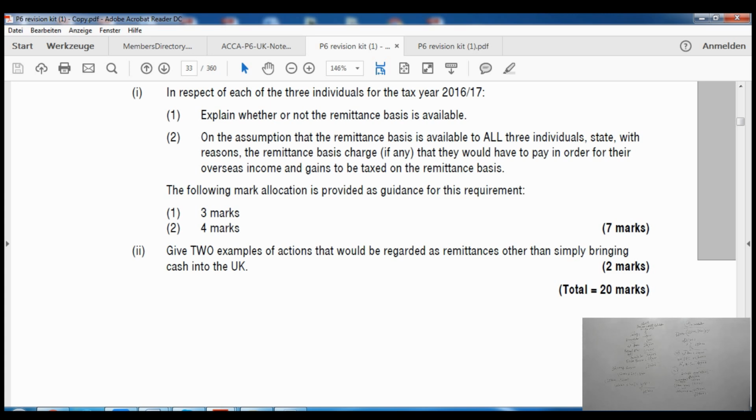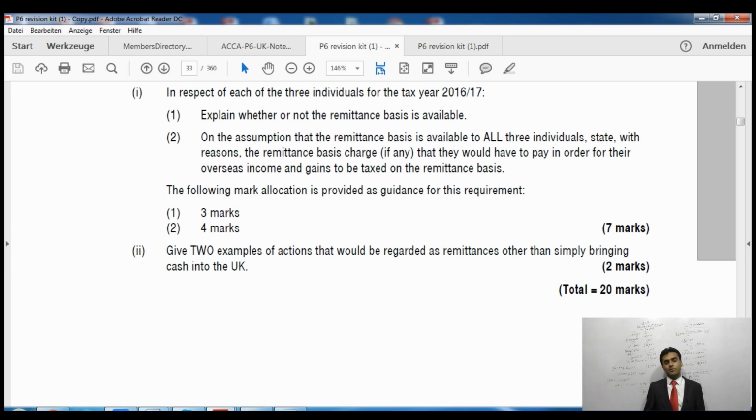So that is one benefit of that. However, if our unremitted foreign income is not less than £2,000, then we'll have to claim remittance basis if we want to. If we claim remittance basis, then we will have to pay not only the remittance basis charge, which is £30,000 or £60,000, depending on how long you have been living in the UK.